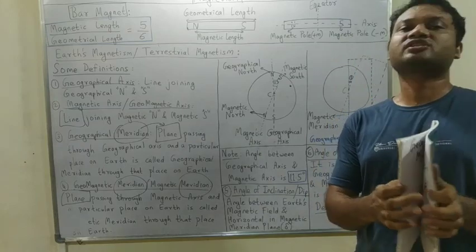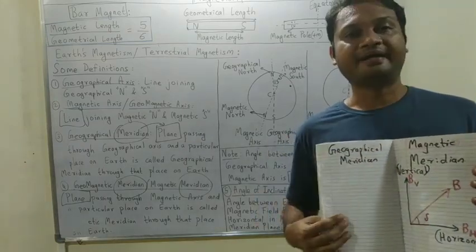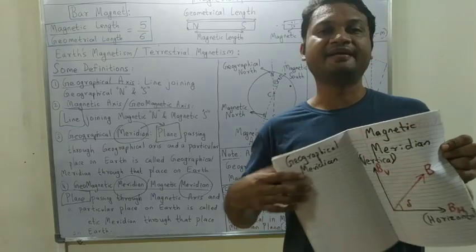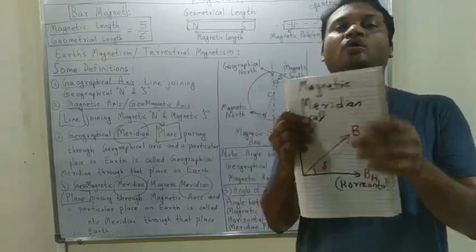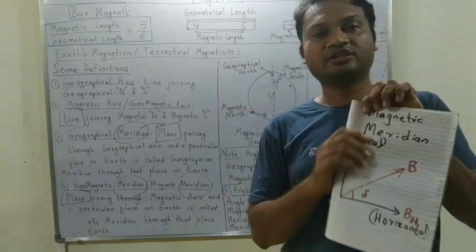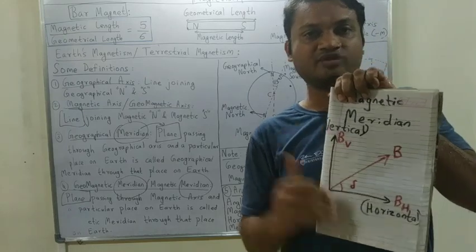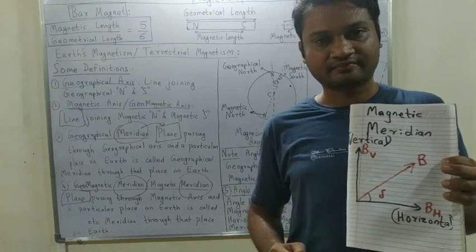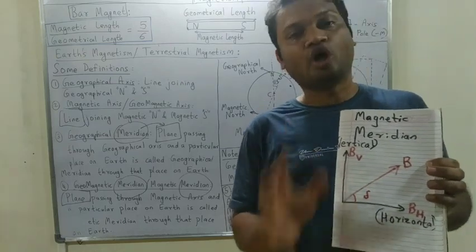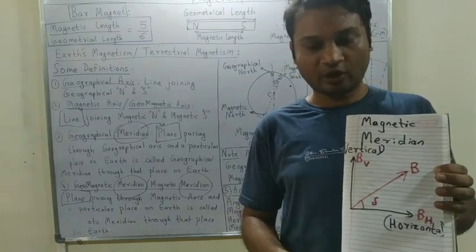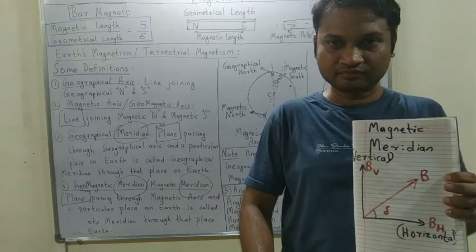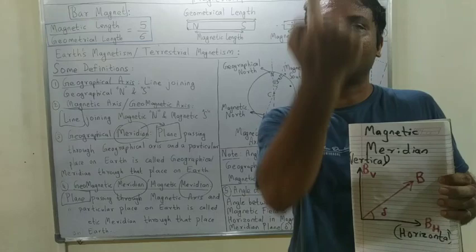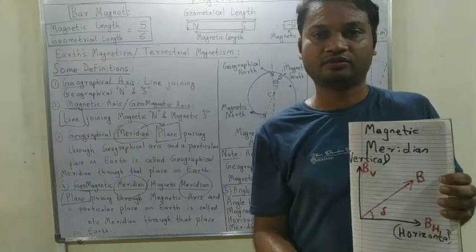So let us understand this. Suppose this is the magnetic meridian plane, which we had shown in the tomato. Now in this, there will be geographical north and geographical south, which will be vertical, because in the tomato, if you remember, the geographical axis was exactly vertical.